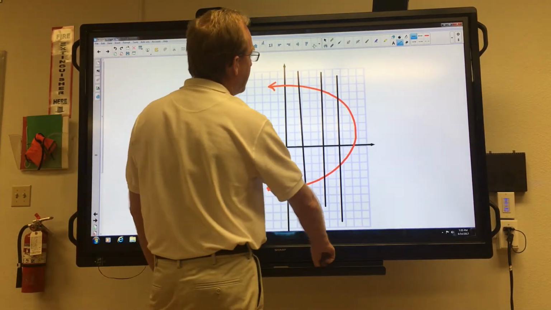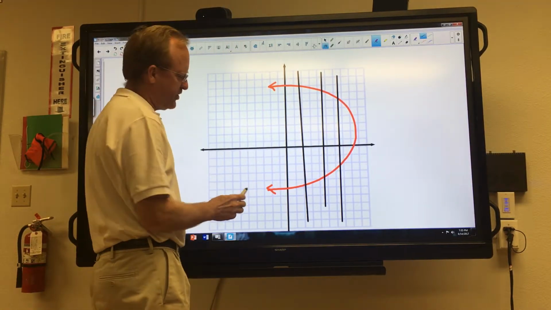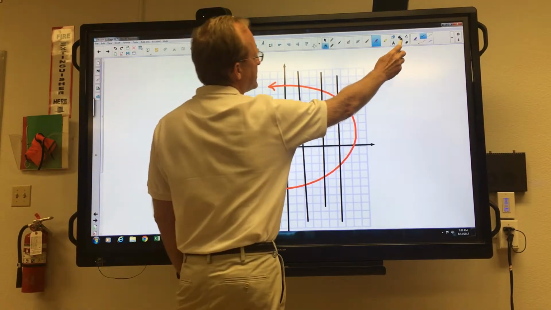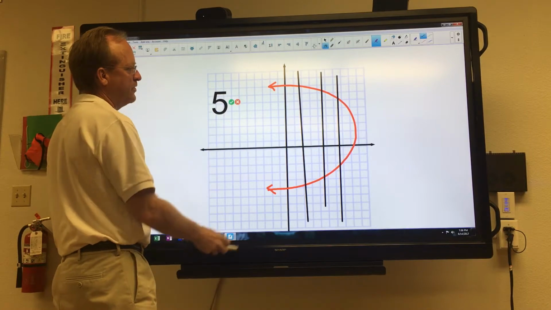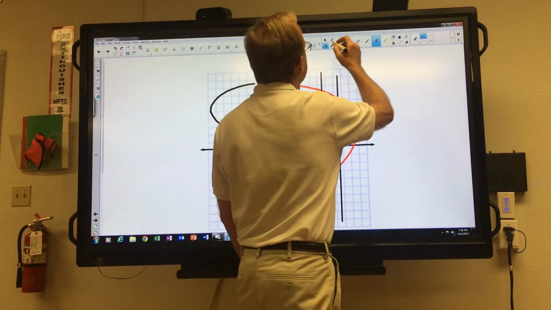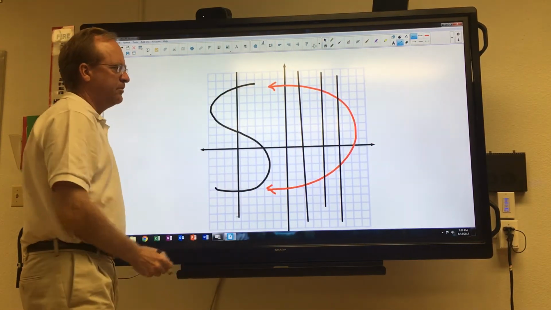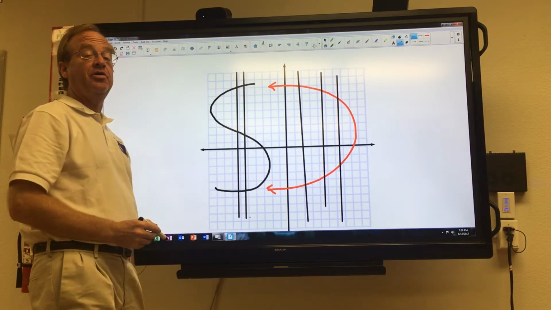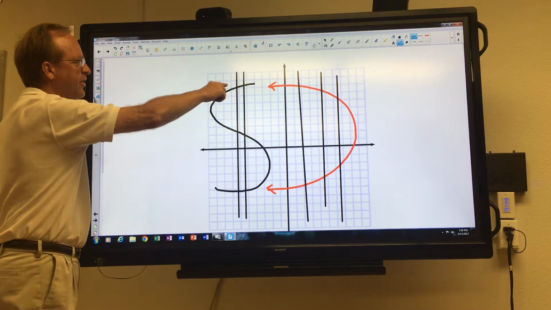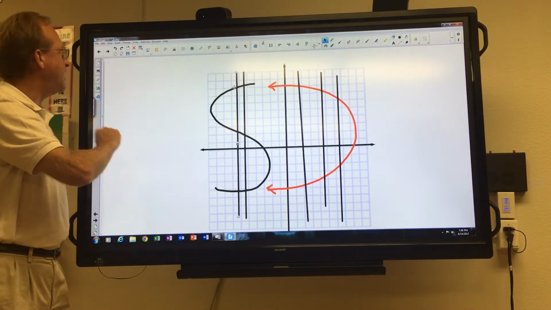You can even have some that are kind of interesting, that when you graph them, it looks like an S. And again, you can see how that would fail the vertical line test. This is not a function because it fails the vertical line test. A vertical line hits once, twice, and 3 times.